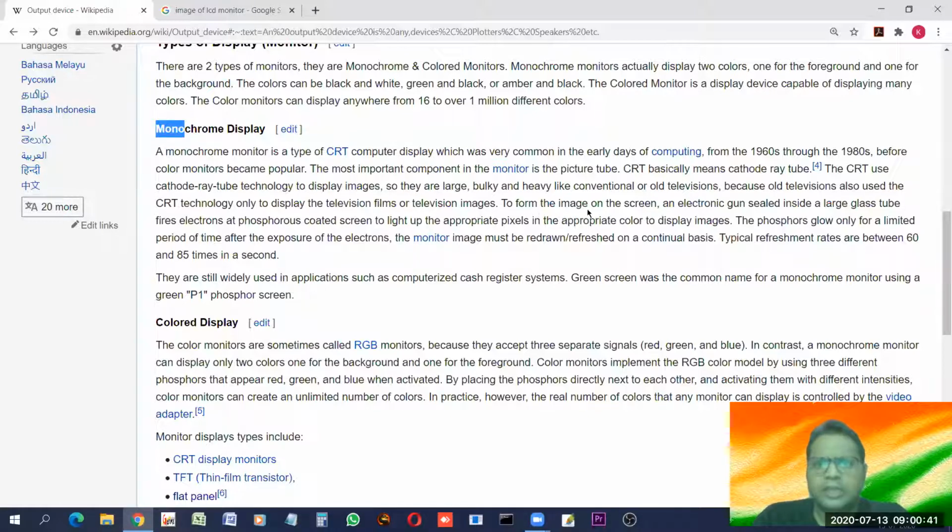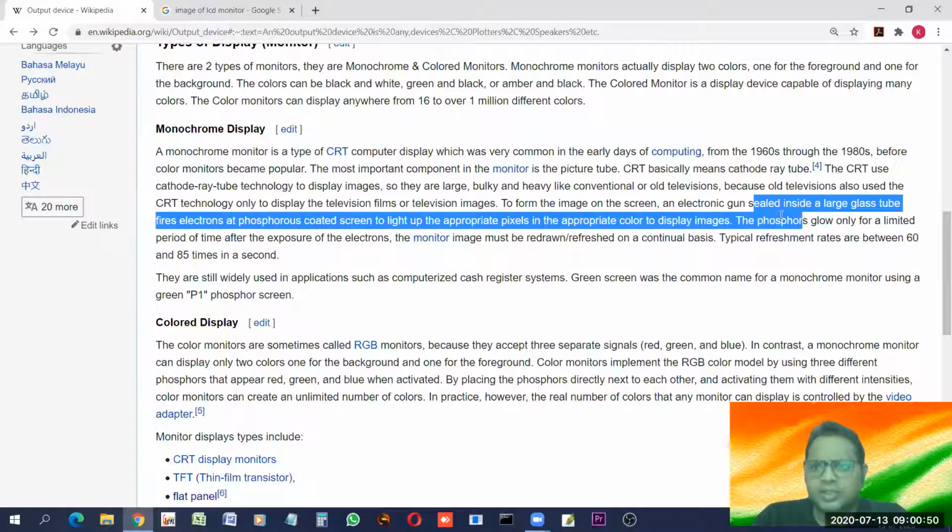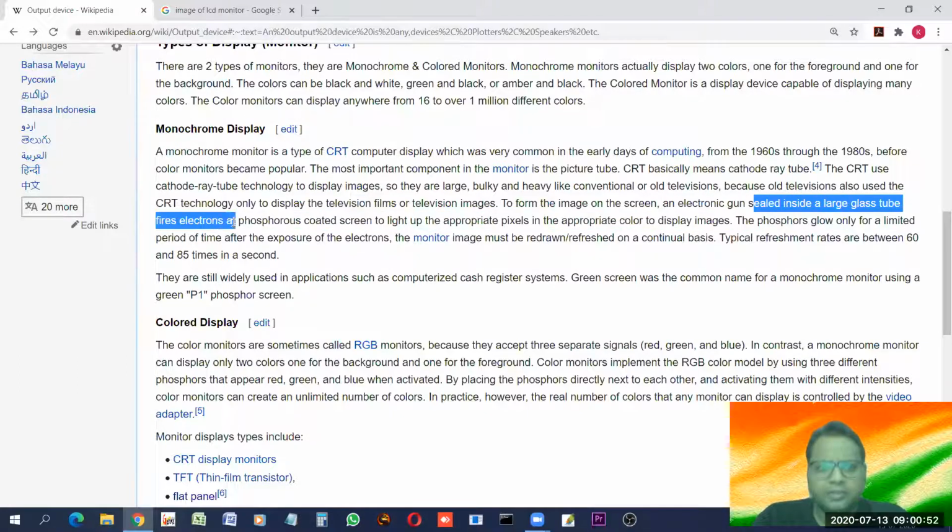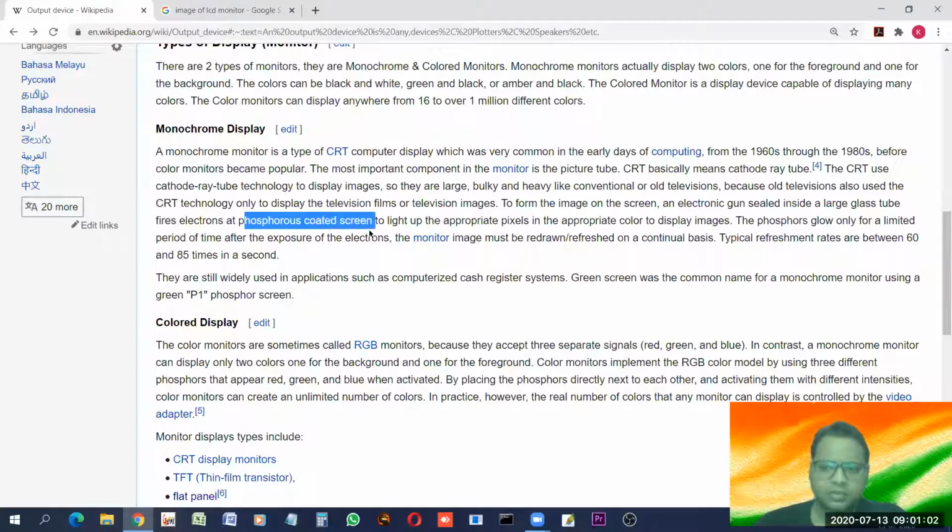To form the image on the screen, an electron gun, sealed inside the large glass tube, fires its electrons. Fires means emits electrons at a phosphorus coated screen. A screen is there which is coated with phosphorus material, fluorescent material, to light up the appropriate pixel.